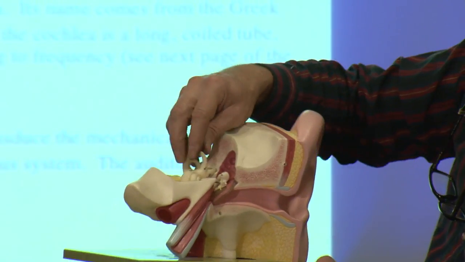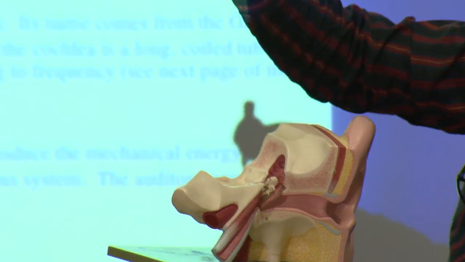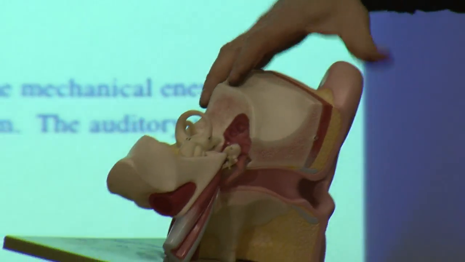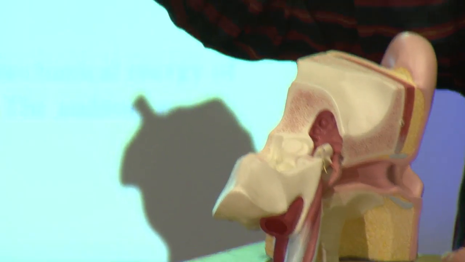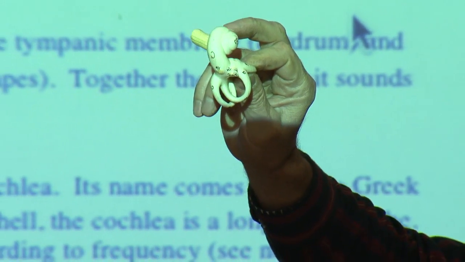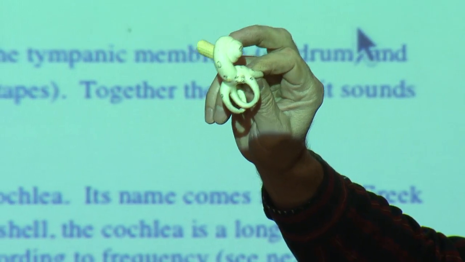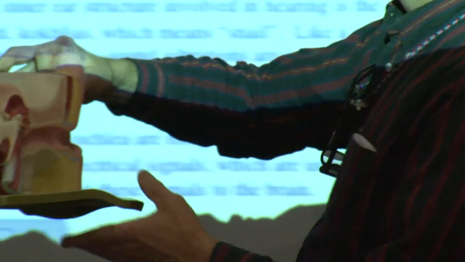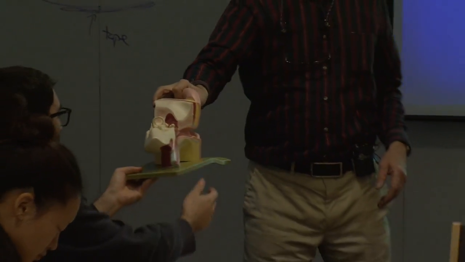The ossicles are here, and if you take out this inner ear, the stapes is fixed with it, so you can see the stapes. In terms of size, this whole inner ear, the cochlea, is about the size of an aspirin tablet in a human. So it's about that size. Okay, let's pass that around.